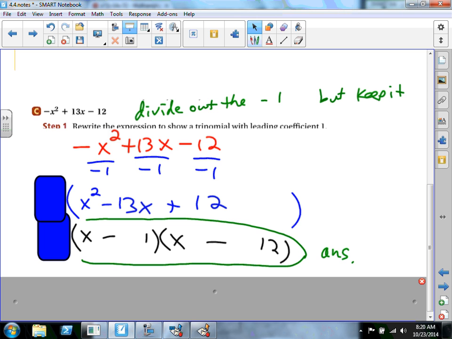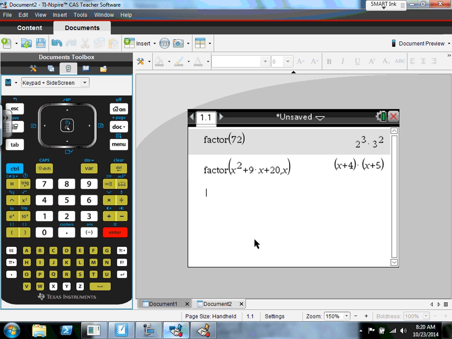If you don't believe me, let's go to the TI Inspire CAS and see what it has to say, because remember, it can factor all this stuff for us. So TI Inspire CAS, factor -x squared plus 13x and then minus 12.